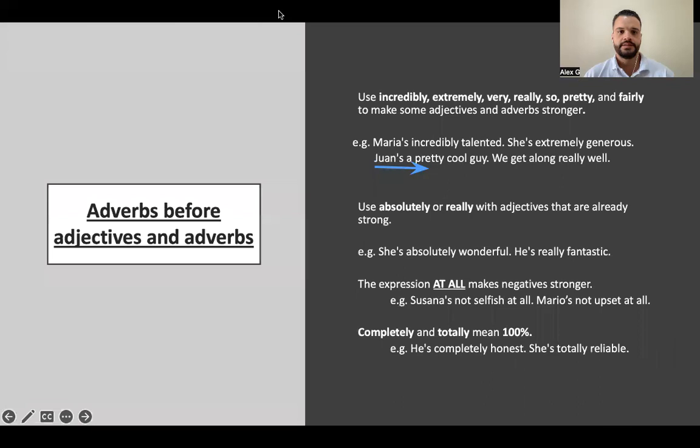The next part is going to be adverbs before adjectives and adverbs. For example, it says, use incredibly, extremely, very, really, so, pretty, and fairly to make some adjectives and adverbs stronger. Here we have an example. It says, Maria is incredibly talented.